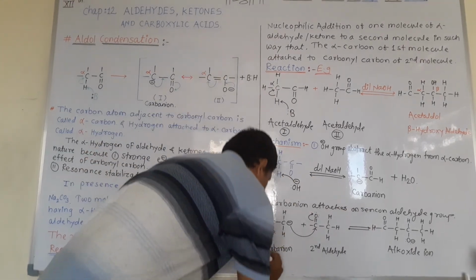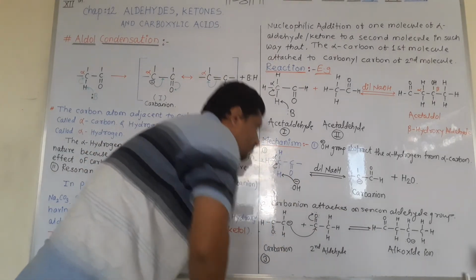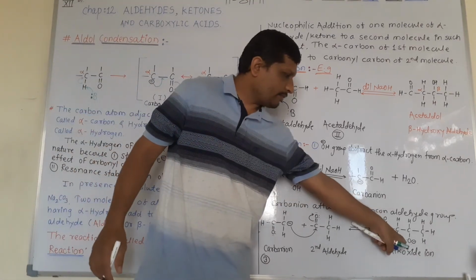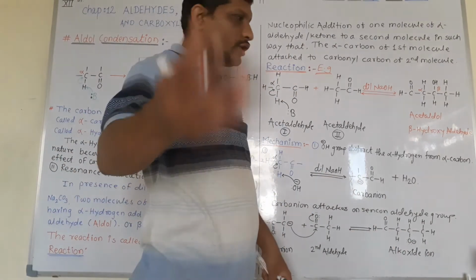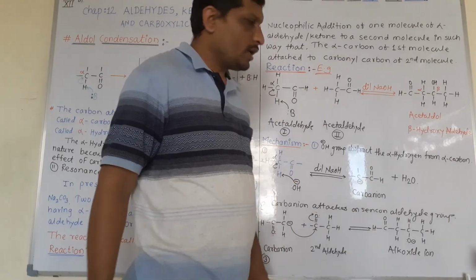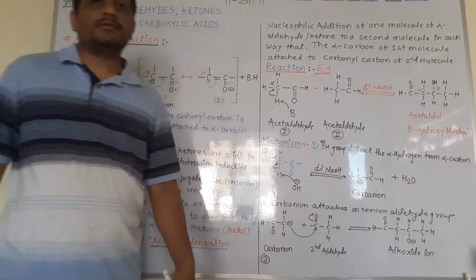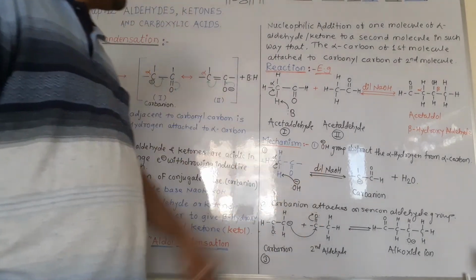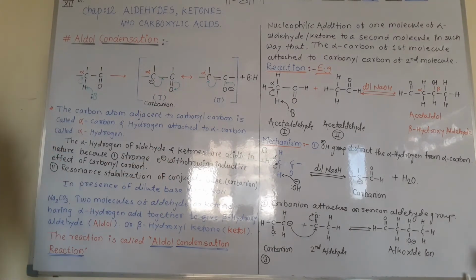The third step is that this negatively charged oxygen abstracts a hydrogen from a water molecule to give the aldol product, which is known as beta hydroxyaldehyde.